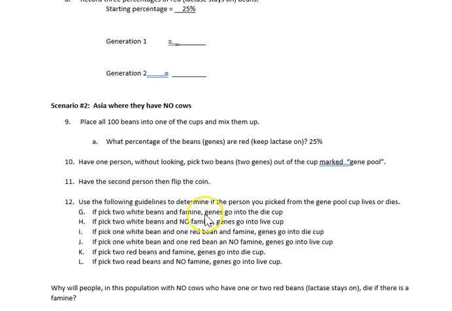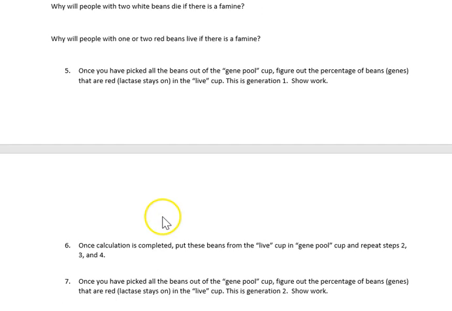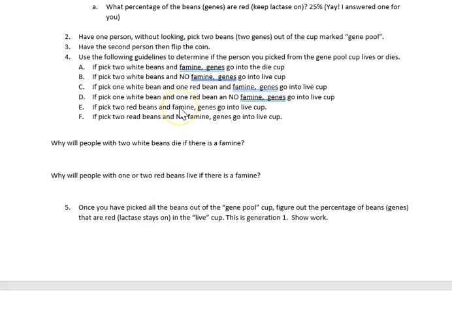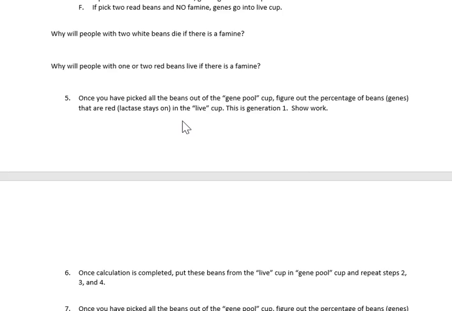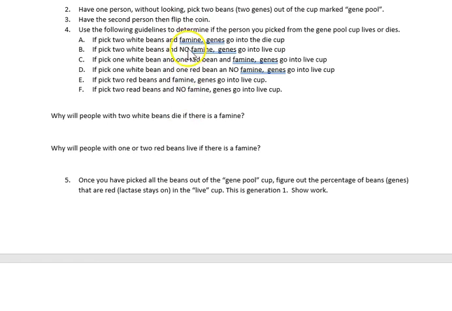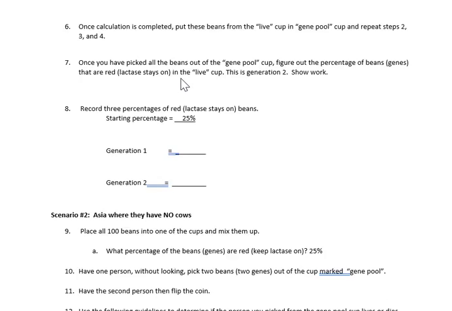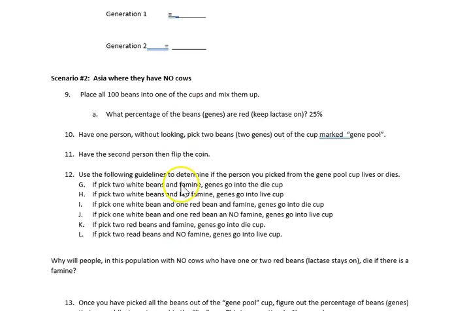The criteria for whether they die or live is going to differ in this area as opposed to when you're doing it up here. So read these carefully. Take your time, go through it, and then it should make sense. But don't think that who lives and dies here and what genes survive is the same as who lives and dies and what genes go on and don't go on down here.